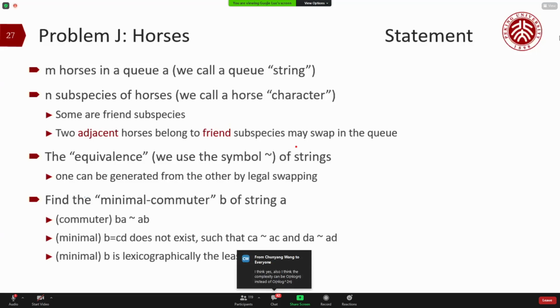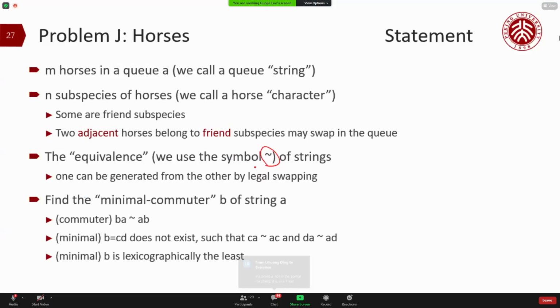Because we can perform swapping, we can define the equivalence. We use this symbol to represent the equivalence. What are two equivalent strings? If one string can be generated from the other one by legal swapping.